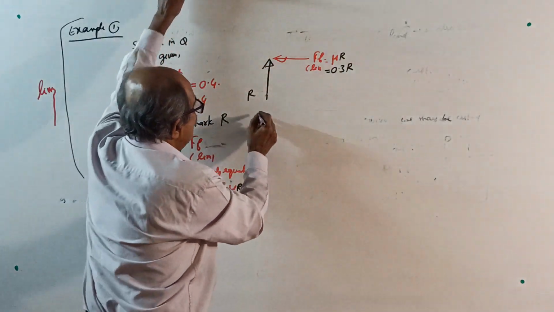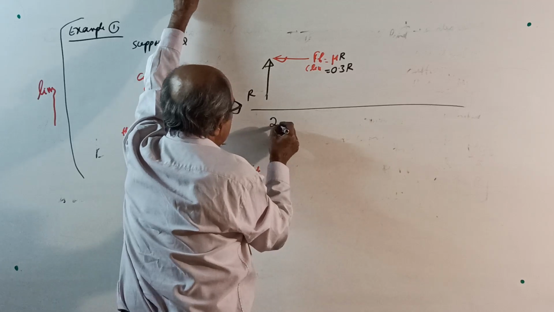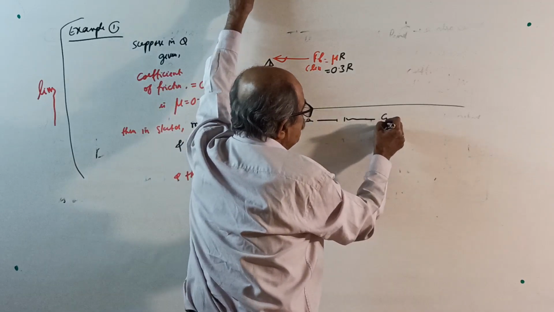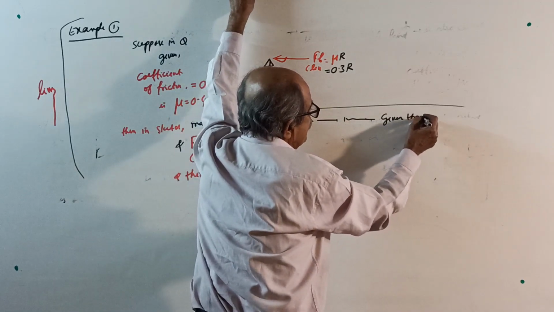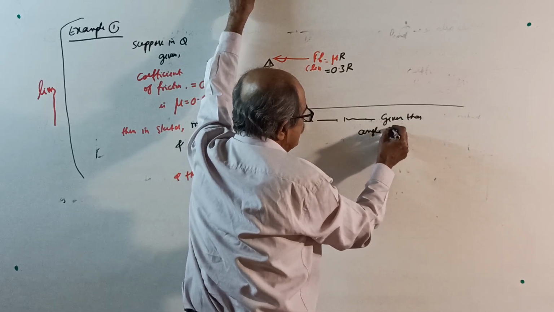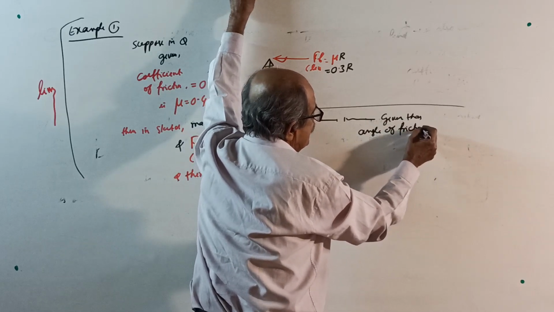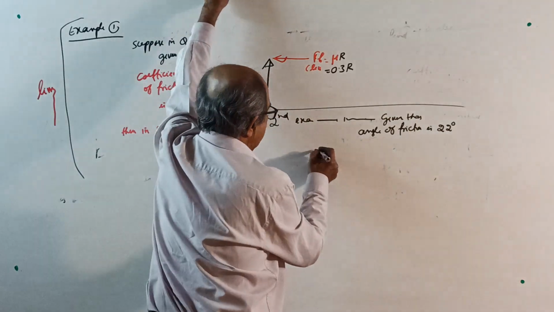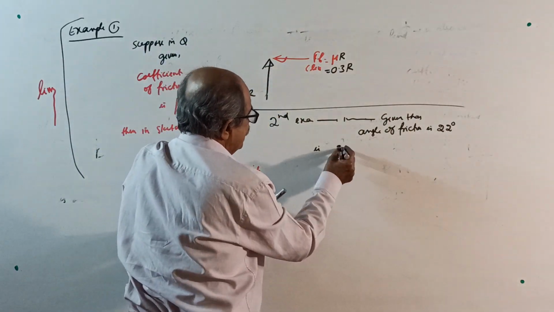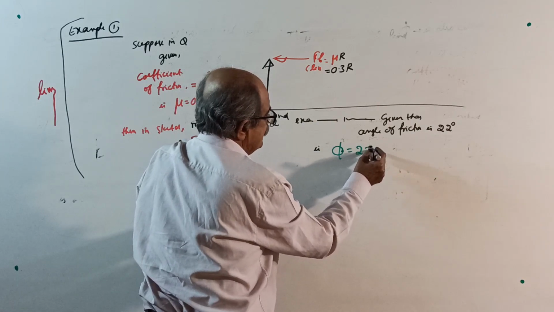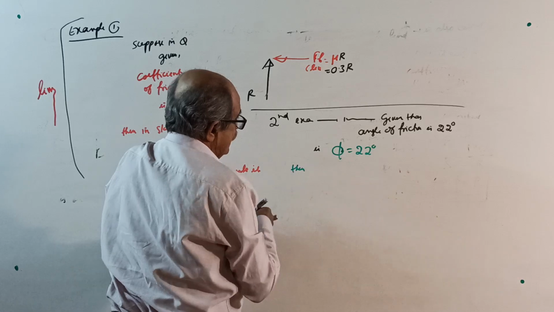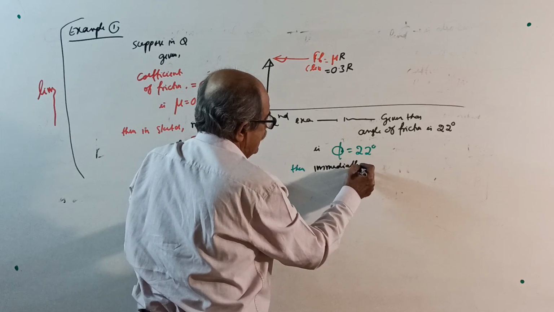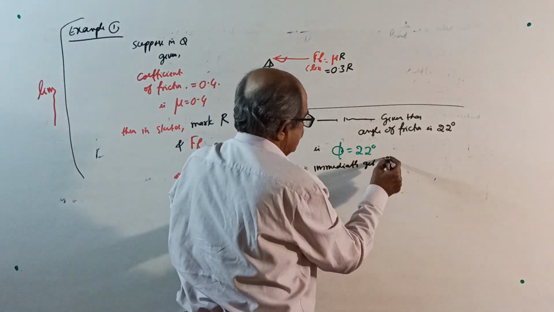Okay. Then, second example. Suppose in a question it is given that the angle of friction is 22 degrees. That is, they are telling you angle of friction phi equal to 22 degrees. Then immediately get the coefficient of friction mu.